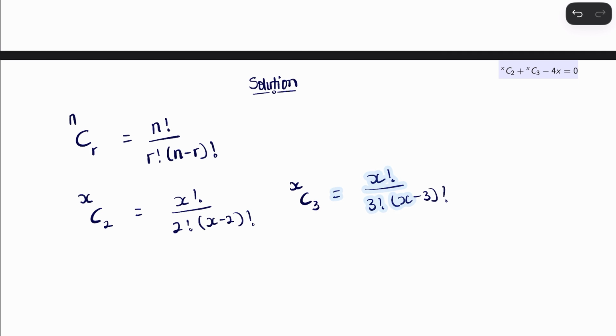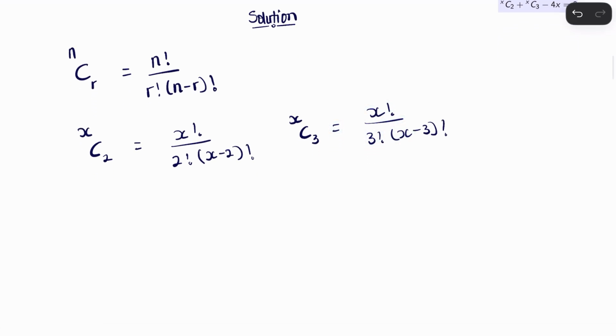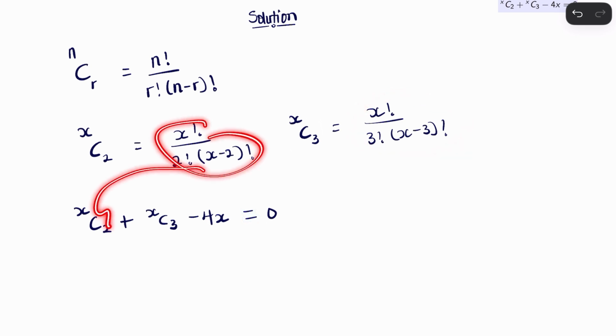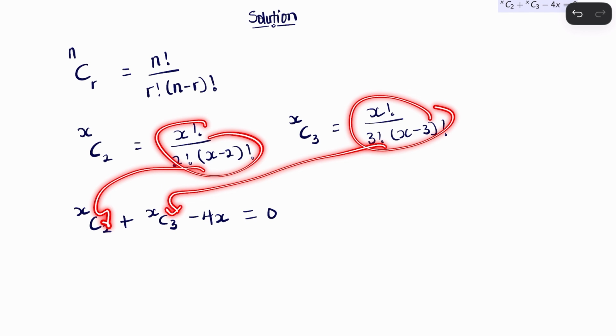And so let's substitute this into our expression. From the question, we have x choose 2 plus x choose 3 minus 4x is equal to 0, right? Now here, x choose 2 is given by this expression, and also x choose 3 is given by this expression. So let's substitute these in here, then we simplify our results.